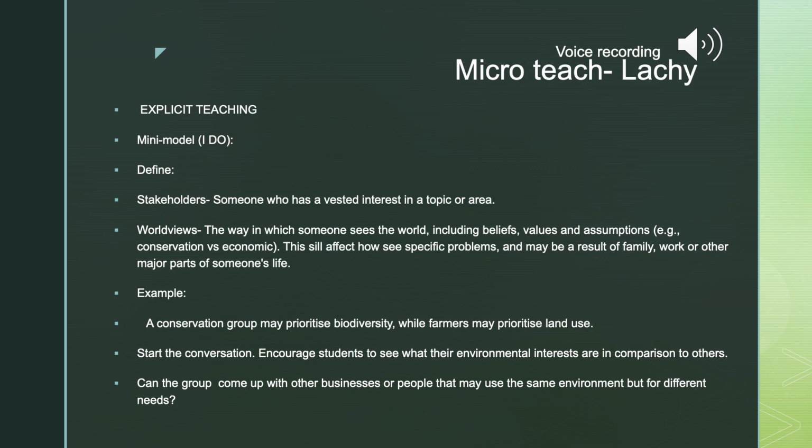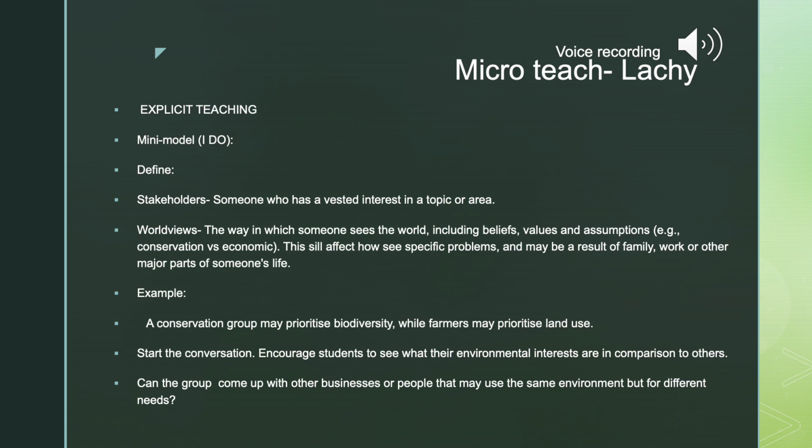Okay, so for us, when we're talking about making decisions environmentally, we've got stakeholders, okay, and they might be on either side of the decision, but they're people who have an interest in the environment for our context.